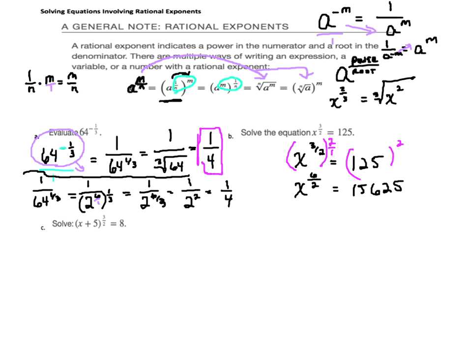15,625. Now notice what happens with that rational exponent. Because I chose to multiply by its denominator, I knew that I was going to create a value that would simplify to an integer. So 6 divided by 2 is just 3.